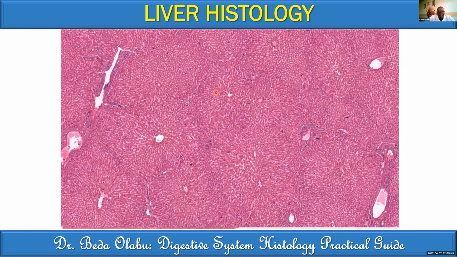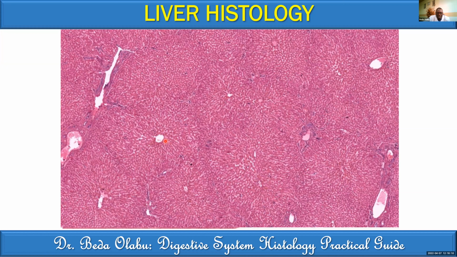Higher magnification reveals the presence of the central vein within each polygonal structure. Those polygonal structures are roughly 5 to 6-sided. And usually they're 6-sided, except that when we capture in the microscope, we may not be able to see the 6, but they're hexagonal in nature. Each hexagonal structure has a central vein at the center.